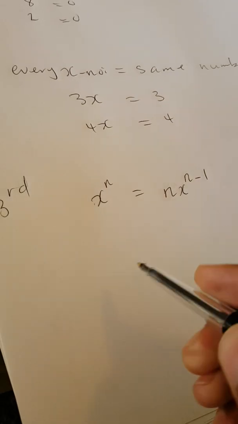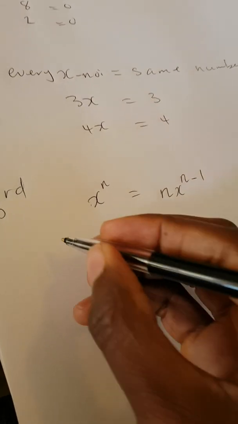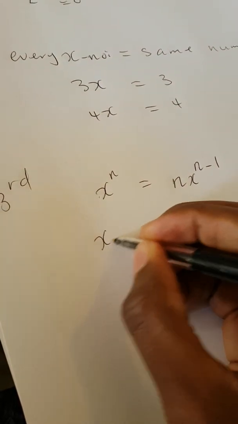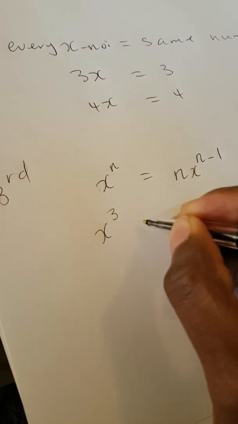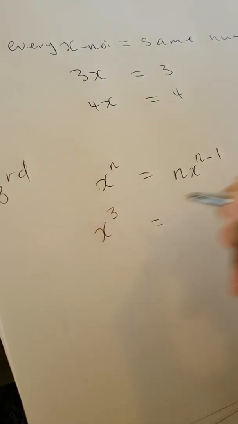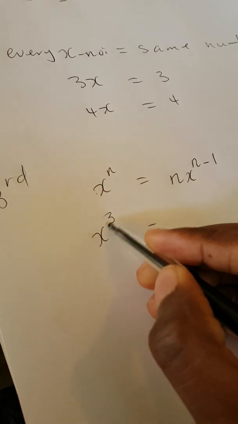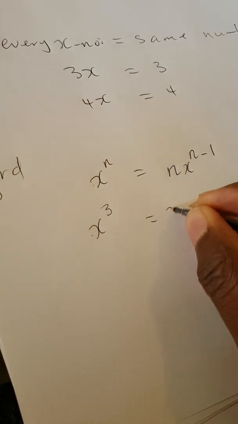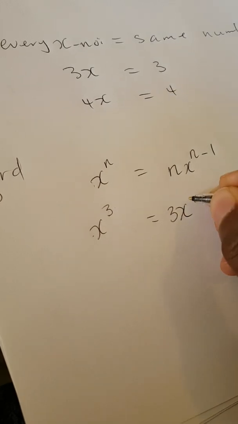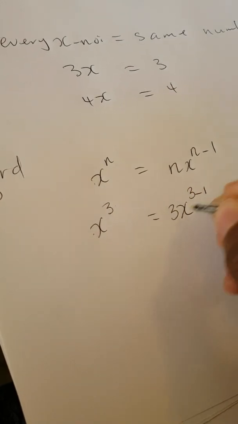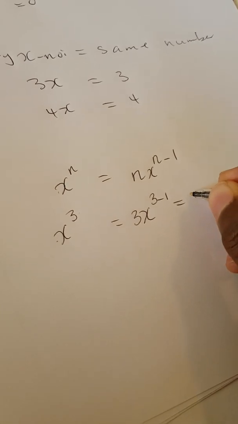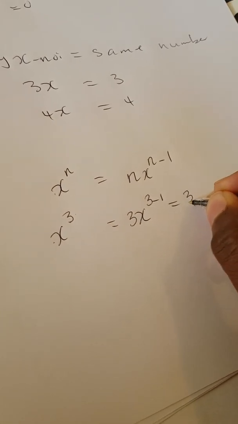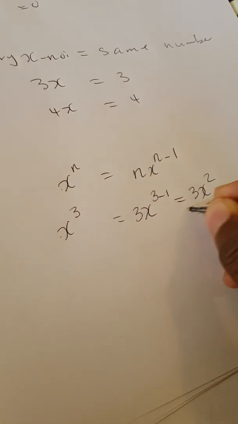For instance, if you're given x to the power of 3, 3 is your n. So this n must multiply x, and this 3 must subtract 1. So it's gonna be 3x to the power of 3 minus 1, which gives you 3x to the power of 2.